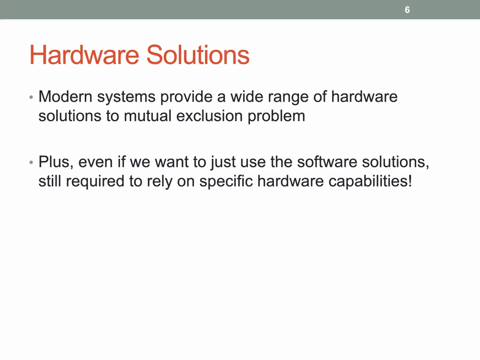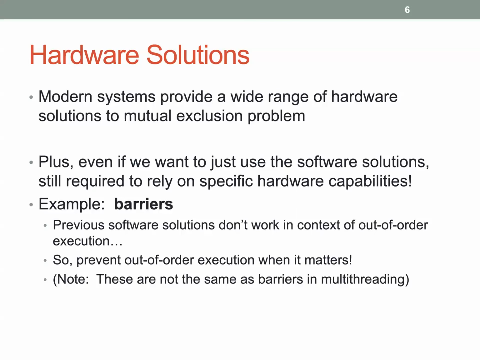Like I say here on the slide, if we wanted to use a software-only solution, which we don't because they're slow, we would still have to leverage the hardware to work through these out-of-order execution issues that we would run into very rapidly. Typically, we talk about barriers when it comes to implementing locks in operating system implementations or standard library implementations.